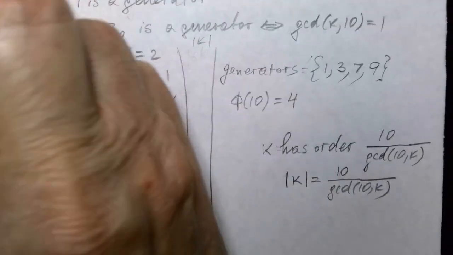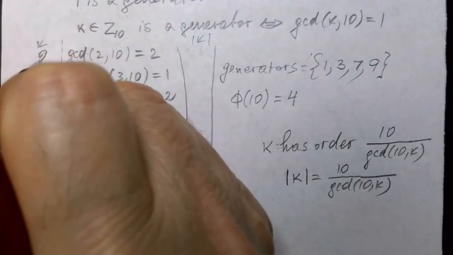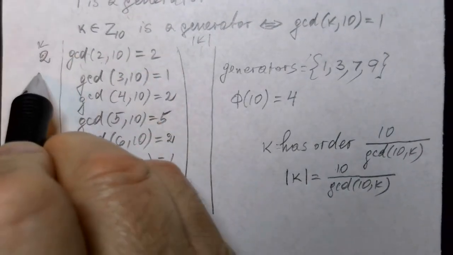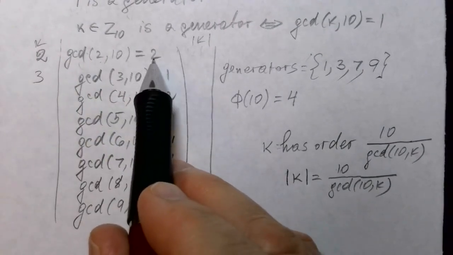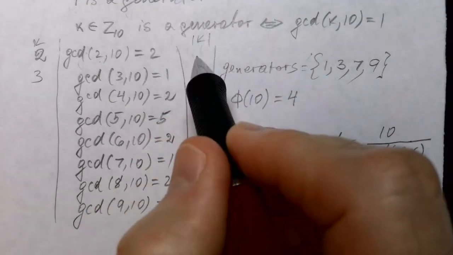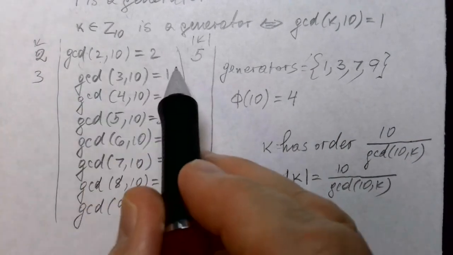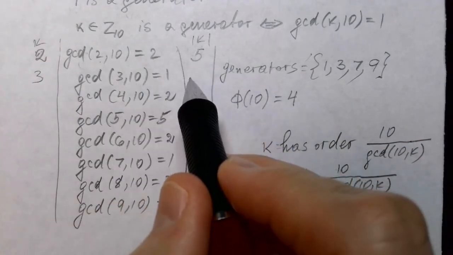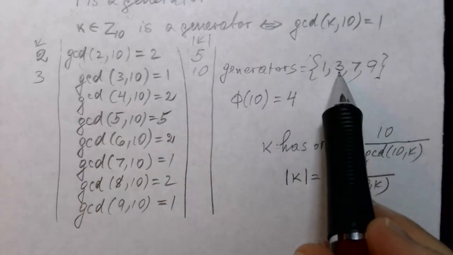It is 2 here, 3 here. When k is 2, the GCD is 2. 10 divided by 2 is 5. The GCD here is 1. 10 divided by 1 is 10. That's why 3 is a generator.